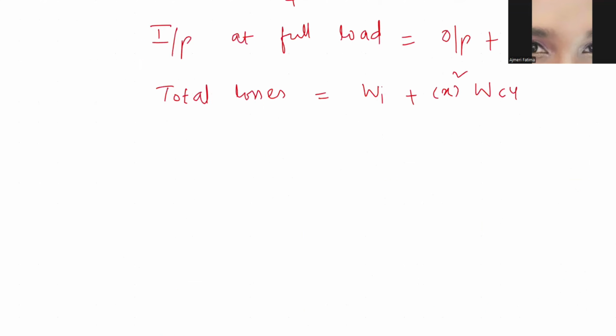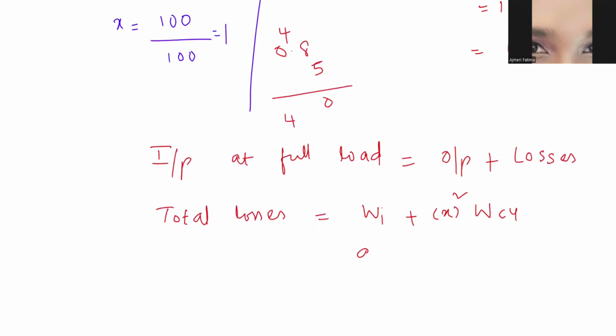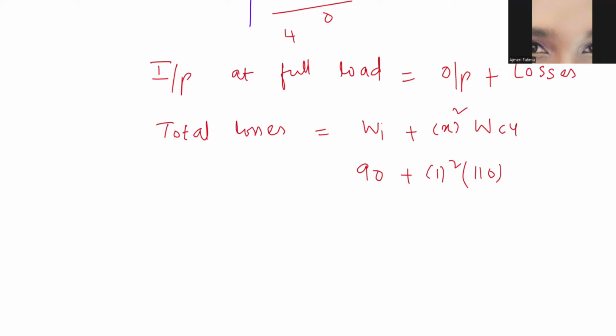So iron loss 90 plus 1 square into 110, 110 plus 90, is 200 watts. Now I have to divide by 1000, because they are given in watts. Sometimes he will give the losses in kilowatts, and then you need not divide by 1000. You have to remember that. So 200 by 1000 is 0.2 kilowatts.